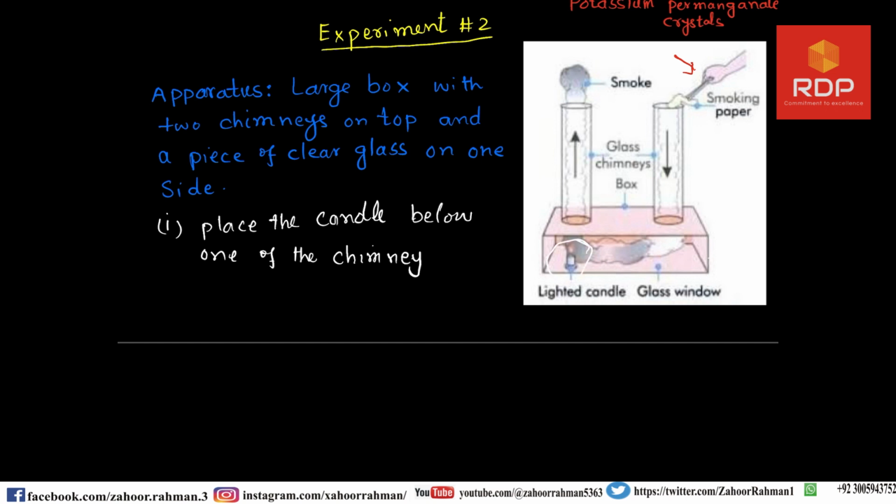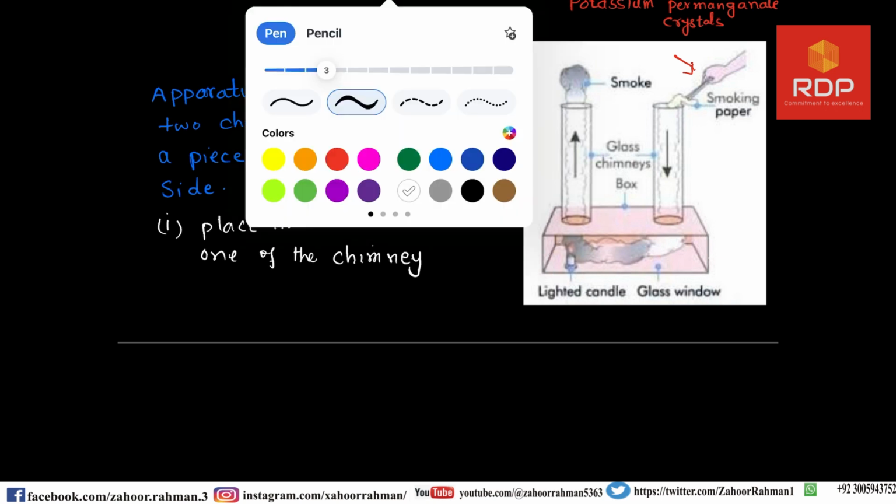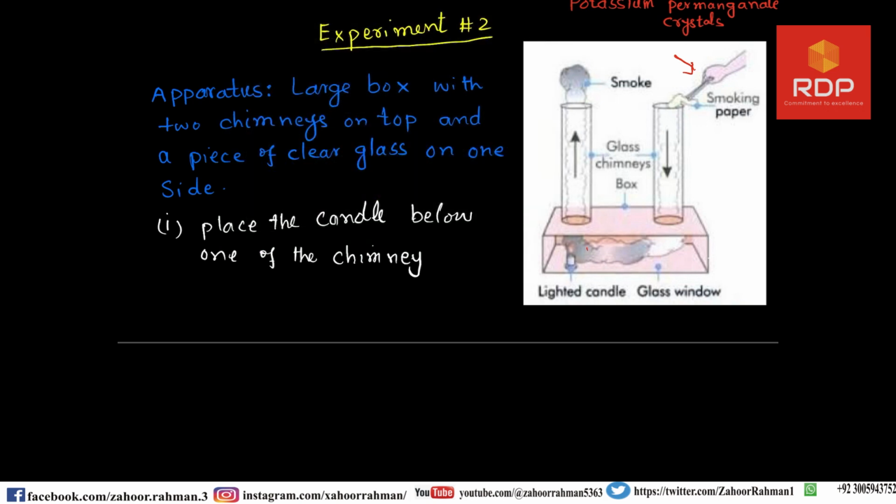If you are observing, that is a candle. Let me show it with a different color, so then you will see that there is a candle, and beneath it it is written clearly lighted candle. So place the candle below the chimney.